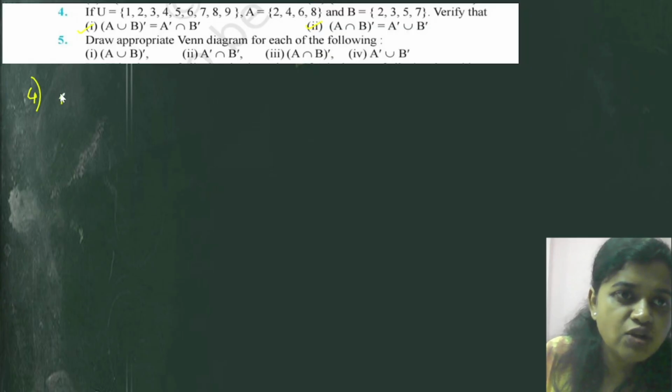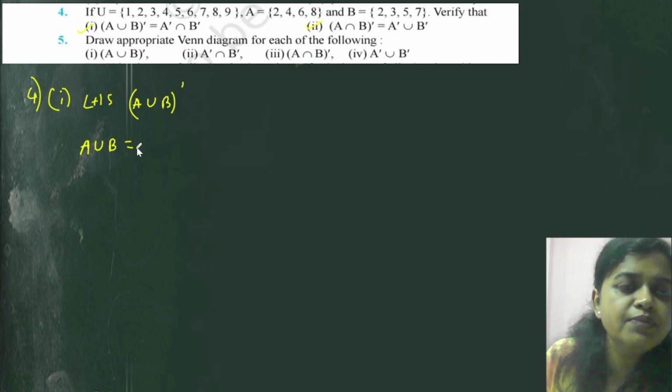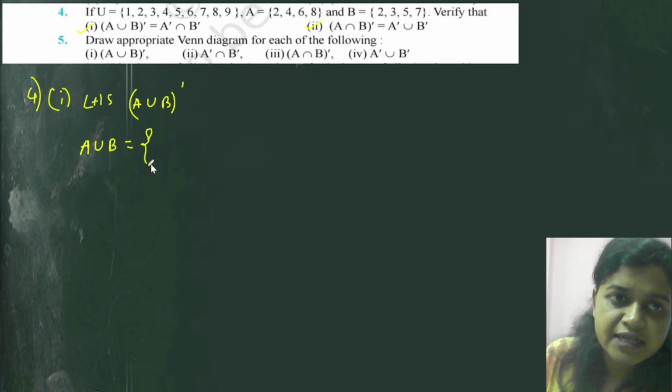So in equation number 1, LHS is (A union B) complement. First find A union B. We have to collect the elements of A and B in one set.